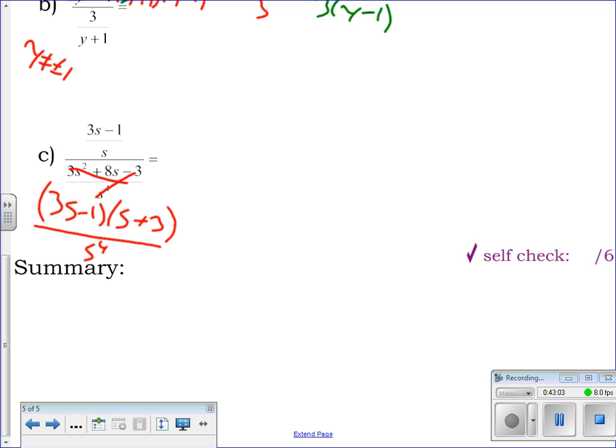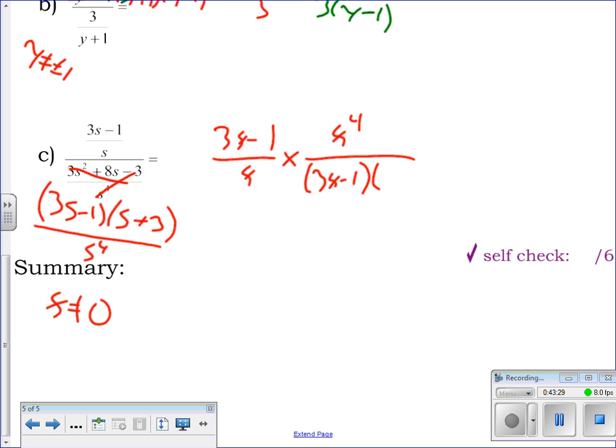Okay. What am I not allowed to have? Right now, the only restriction I have is that s can't equal 0. That might change in my final answer, though. Okay? So I invert this and multiply. So I have (3s minus 1) over s times s to the 4th over (3s minus 1) times (s plus 3).